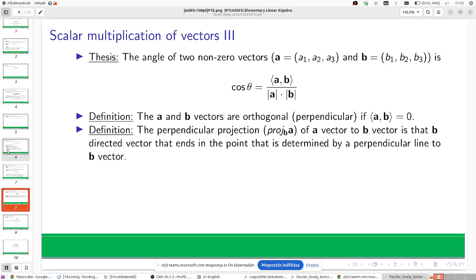So I have this length of the A vector times length of the B vector and cosine.